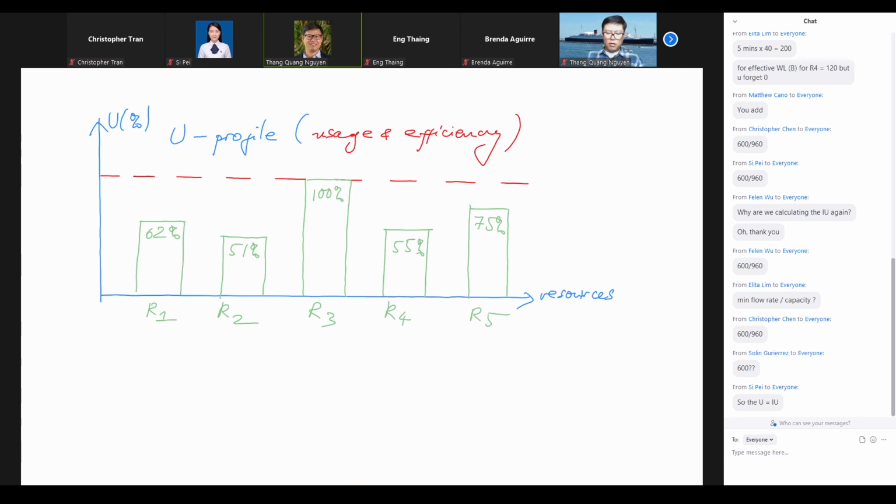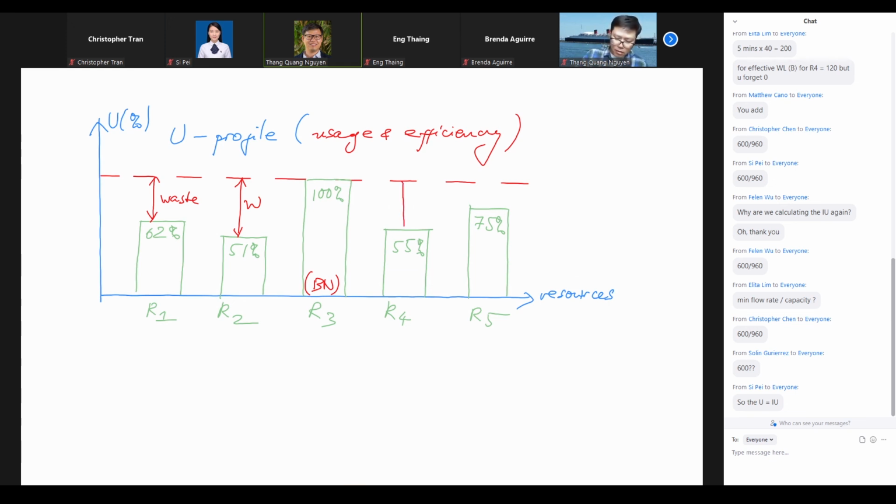Okay, so again, we look at the U profile to see how much we are using and whether we are efficient or not, right? The quick answer here is it's not efficient, because we are using only 60% here, and the remaining is waste. We are using 51% here, then we also have waste here. But at the bottleneck, we are not wasting anything because we are using 100% of our capacity.